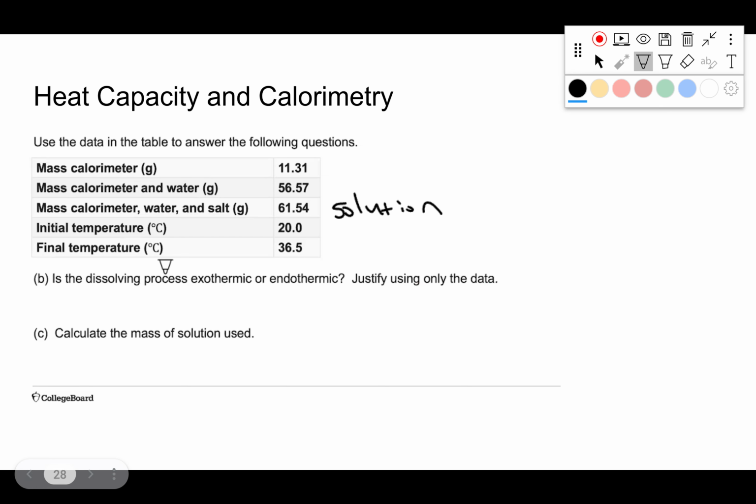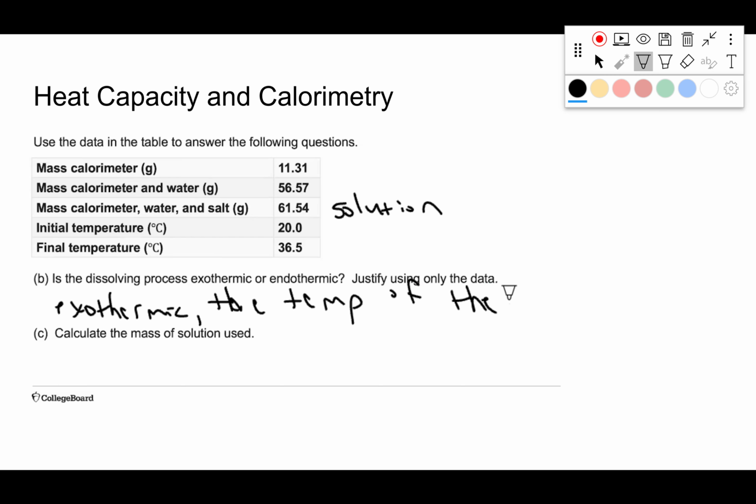And so is the dissolving process exothermic or endothermic? It is going to be exothermic. And the reason is the temp of the water, which is what we're measuring, the solution at the end, the temp of the water increases.